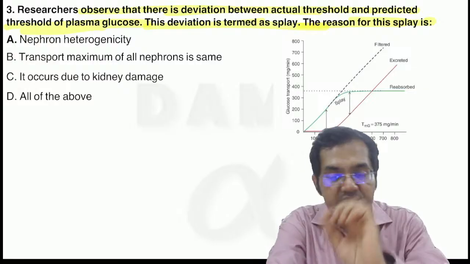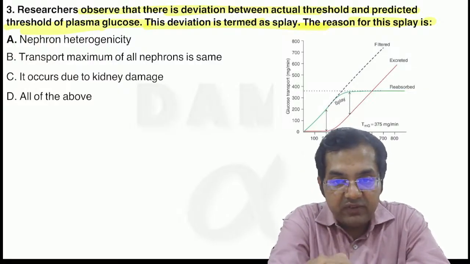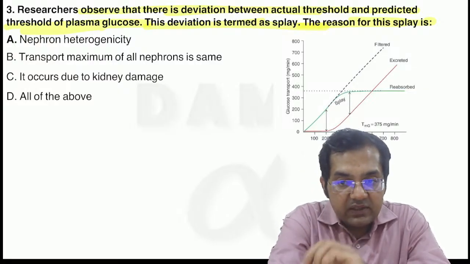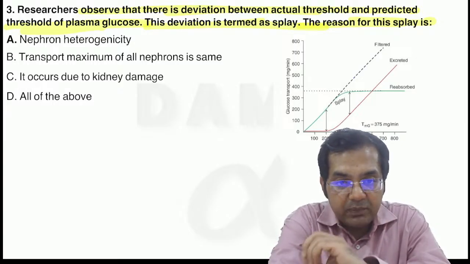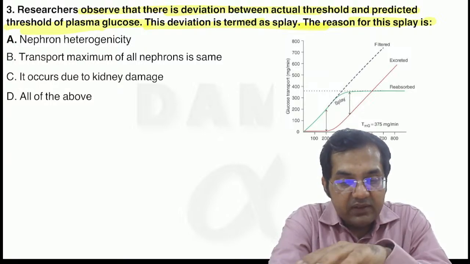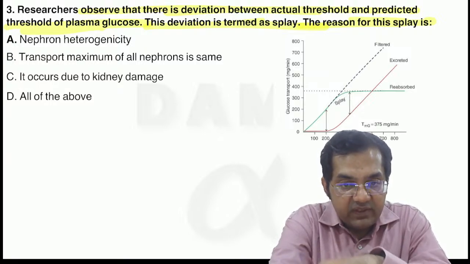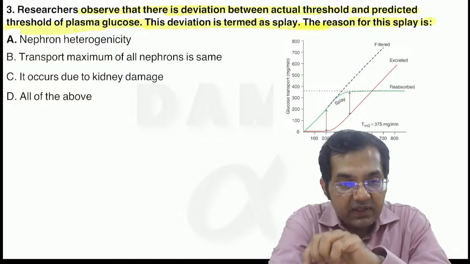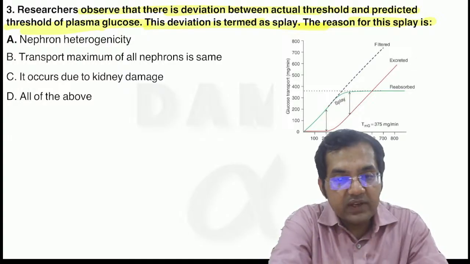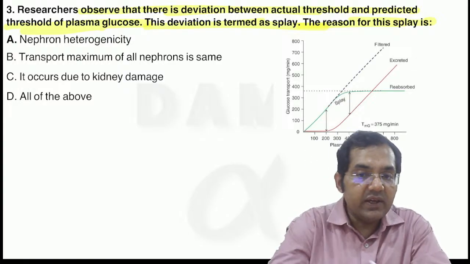Renal splay is the difference between the actual renal threshold of glucose, which is determined as 300 milligram per deciliter in the arterial blood, but in the venous blood, when we see, we find that it is 180 milligram per deciliter, but that is, remember, the actual. If I convert it to the relative arterial value, I get 200 milligram per deciliter.